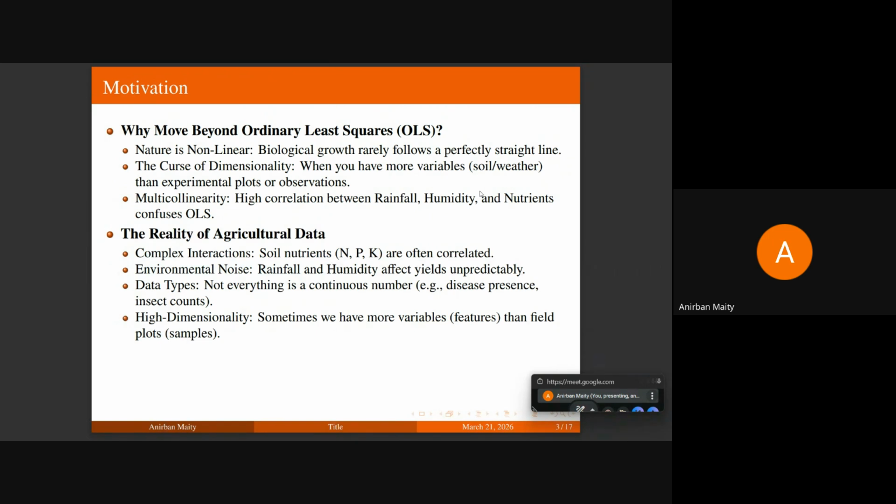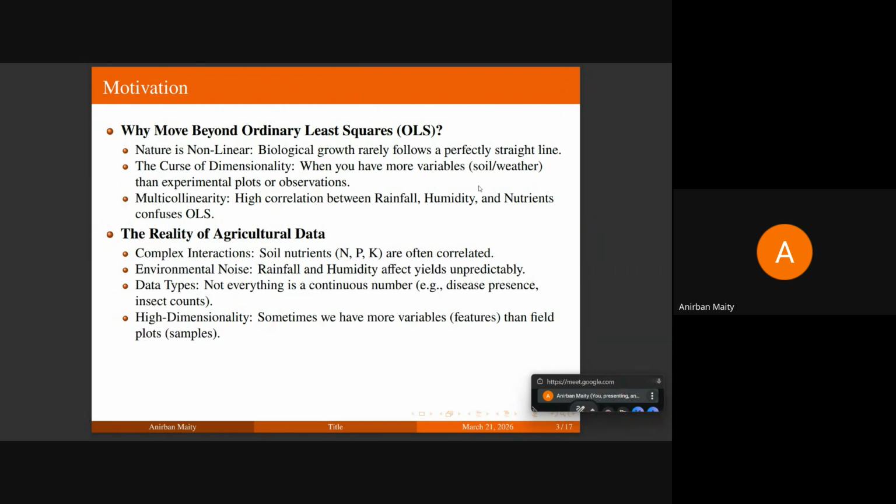So today's motivation is why move beyond ordinary least squares, and why it is necessary to learn GLM. First, the nature of nonlinear relationships. Suppose there exists an S-type relationship between two variables. That kind of relationship arises in biological growth data, which rarely follows a perfect straight line. Another thing is the curse of dimensionality.